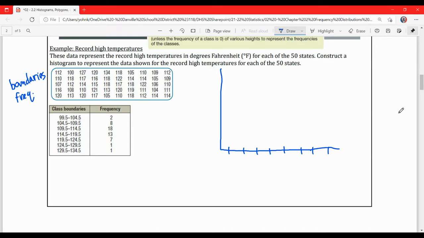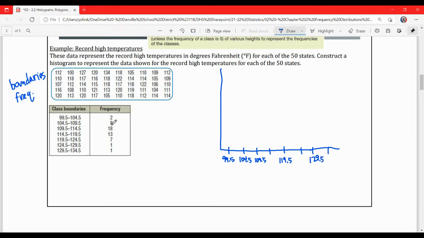So we can go ahead and write them in. So we have 99.5, and then 104.5, 109.5. I might skip one, put 119.5, 129.5.